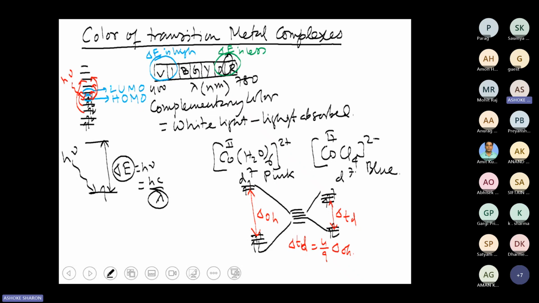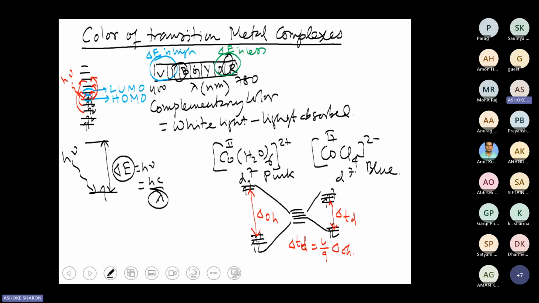But in the tetrahedral case, as the energy difference is less, the absorption will take place from the orange or red region, and its color will be deep blue, somewhere here.